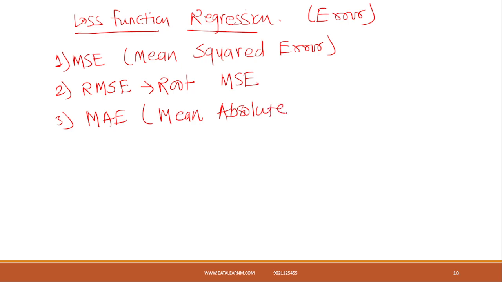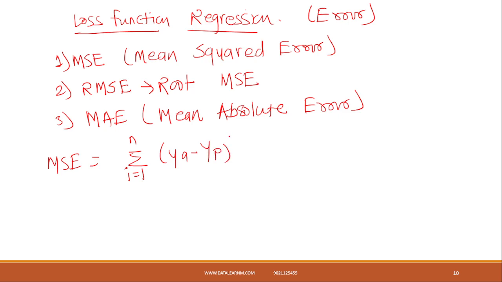How is it calculated? If you want a formula, it's very simple. MSE is equal to the summation of i equal to 1 to n, y actual minus y predicted, whole squared, divided by n. n means how many data points there are.